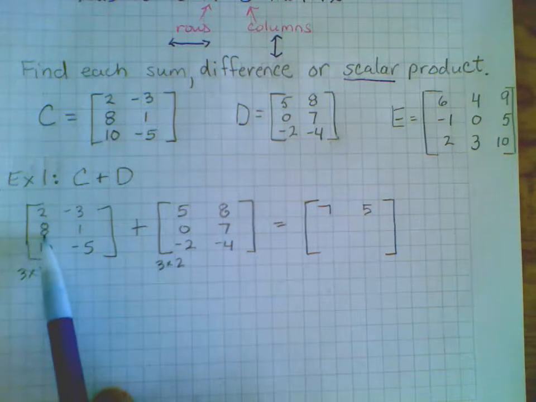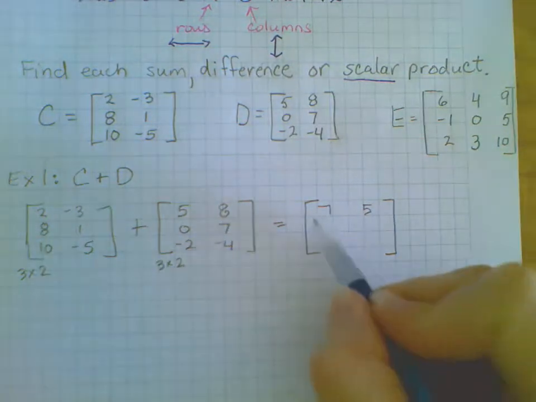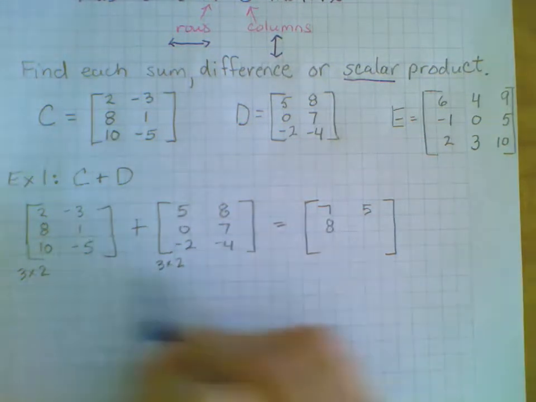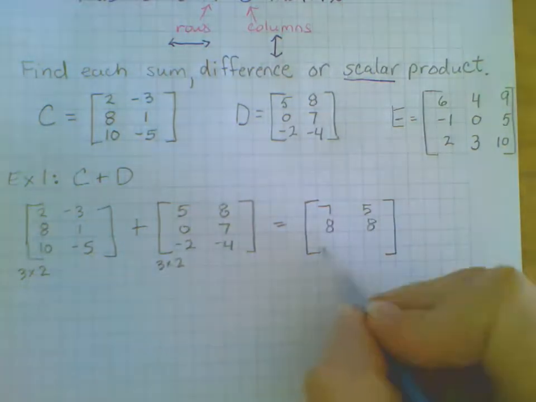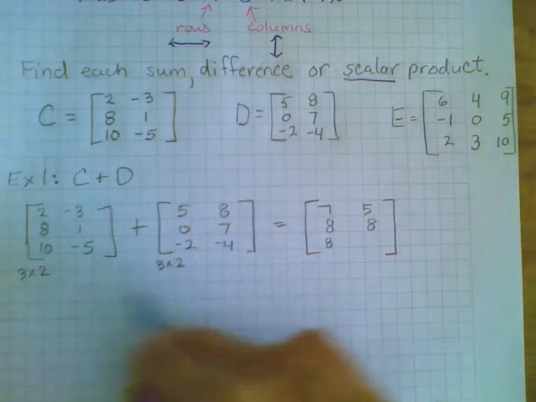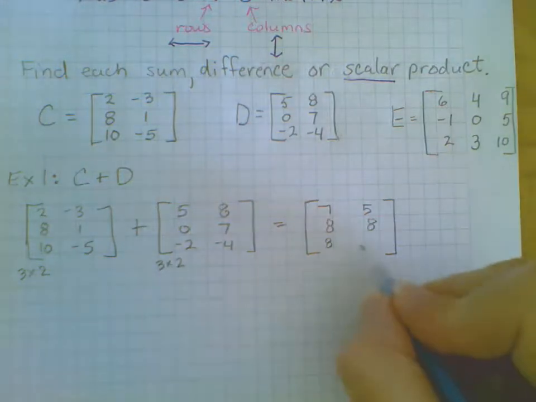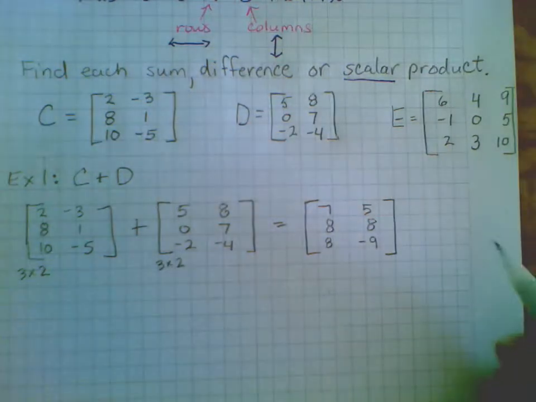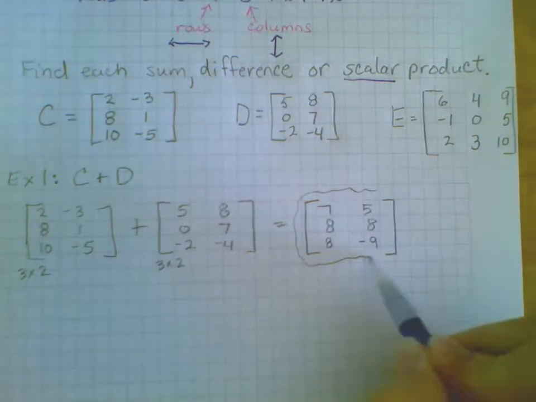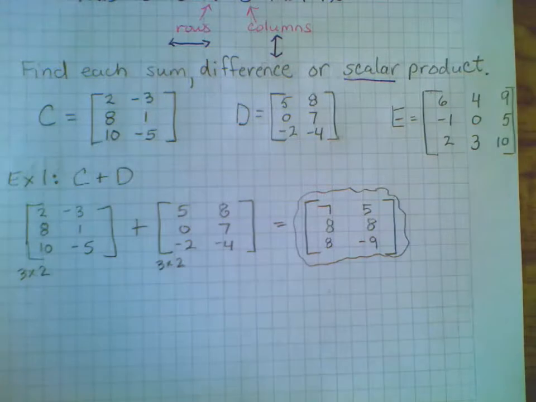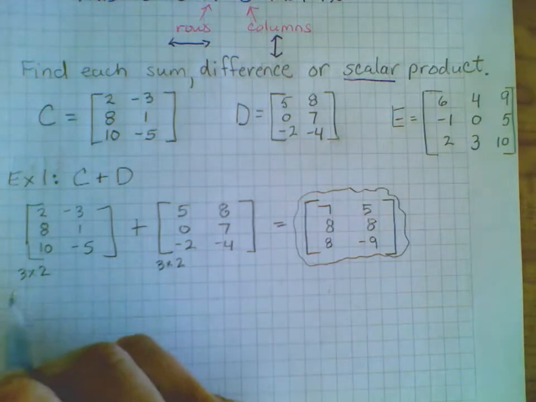And I'm going to do 8 plus 0, and 1 plus 7, 10 plus -2, and -5 plus -4. And this is my solution. That's my sum.